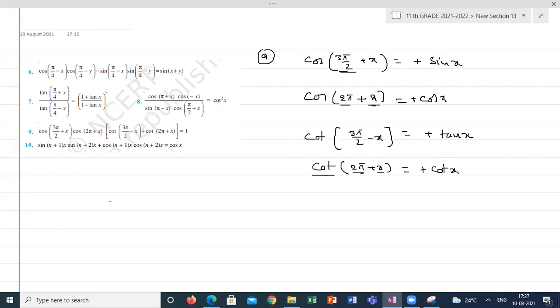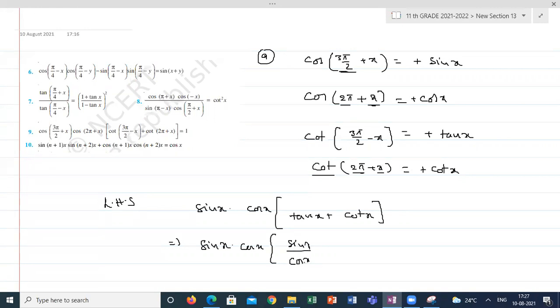So if I am substituting all these things in the LHS, sin x into cos x, tan x plus cot x. If I am converting everything into sin and cos, tan x is sin x by cos x, cot x is cos x by sin x.